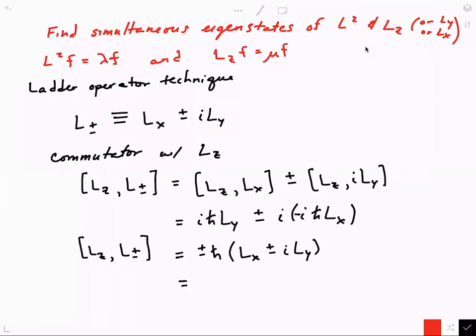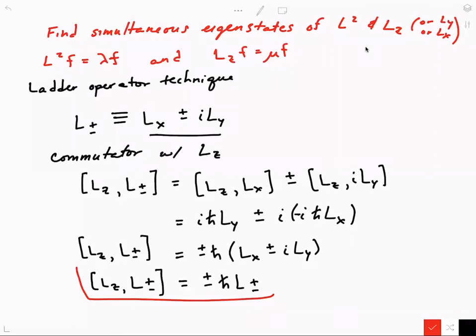Because it's Lx plus or minus I Ly, see that's above here, our commutator of Lz with our raising or lowering ladder operator ends up being plus or minus h bar times our raising or lowering ladder operator. So we're going to put that equation in our back pocket and come back to it.